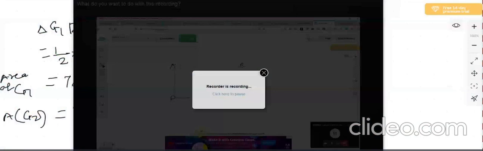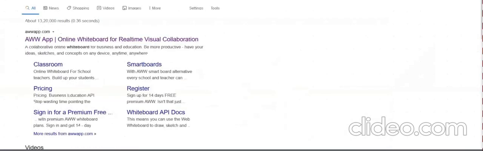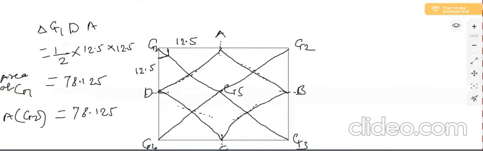Nobody having any doubt? No, sir. Okay, then we'll proceed. In the same way, for G3 and G4 also, the area would be 78.125, correct?